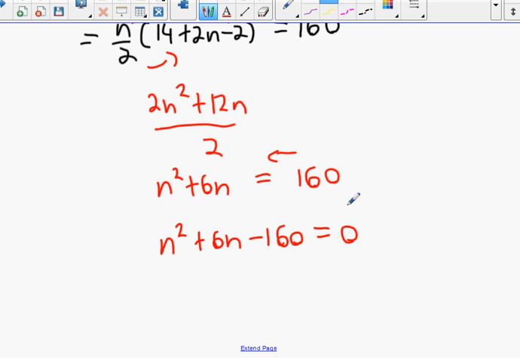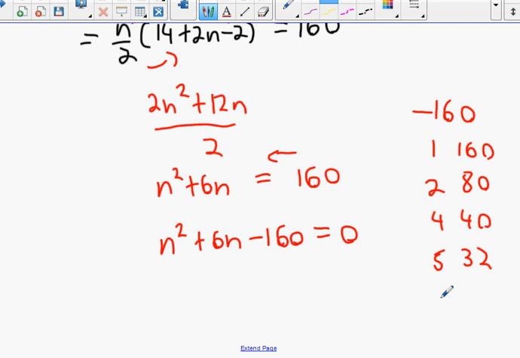Make a list for 160. Start off small. 1 and 160, 2 and 80, 4 and 40. Keep going. 5 and, I don't know, 32. 6 and, nothing, 6 doesn't go in. 8 and 20.